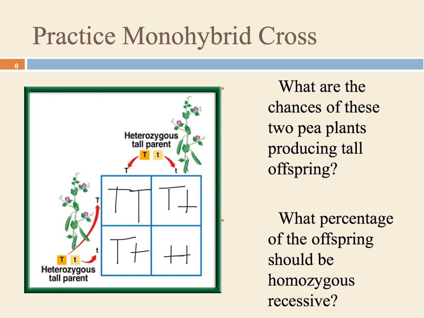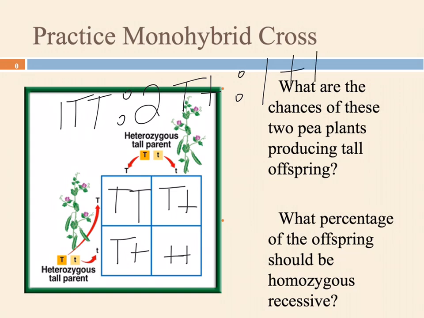And that is, again, the phenotypic ratio, whereas the genotypic ratio for this one would be 1 big T big T to 2 big T little t to 1 little t little t, or simply we usually just write it as a 1 to 2 to 1 ratio.